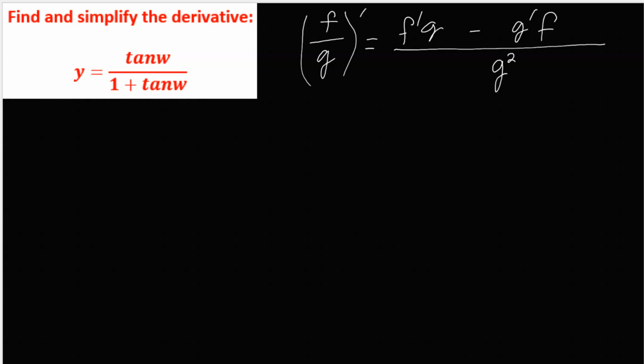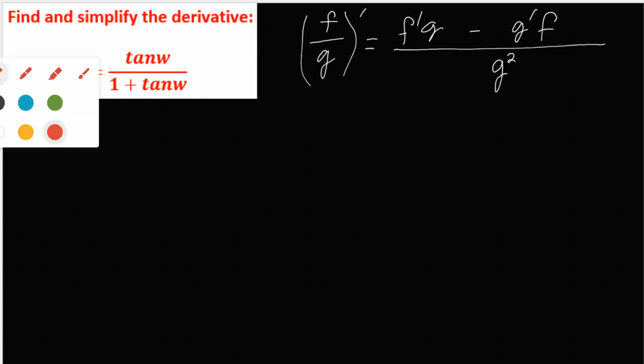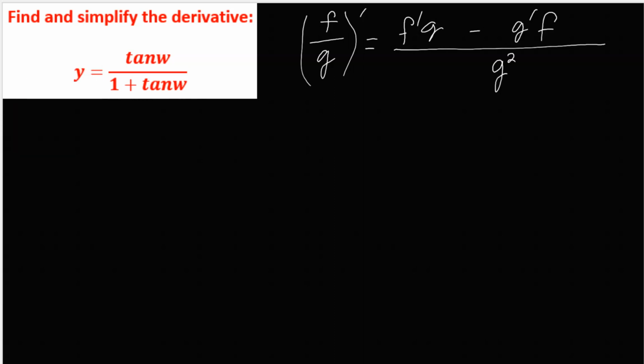Okay, we just go ahead and apply it here to this quotient. So the quotient is this part right here. That's where the division is. The numerator is tangent of w. The denominator is 1 plus tangent of w.